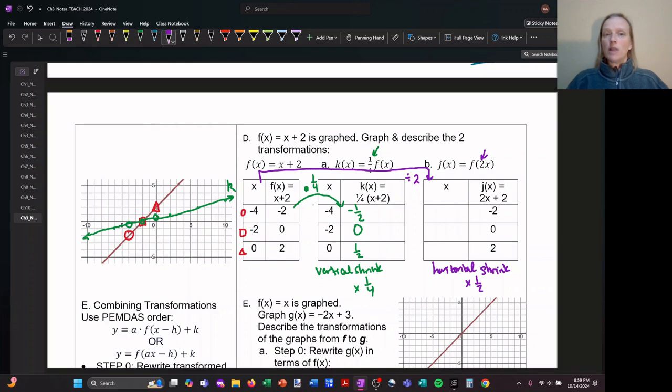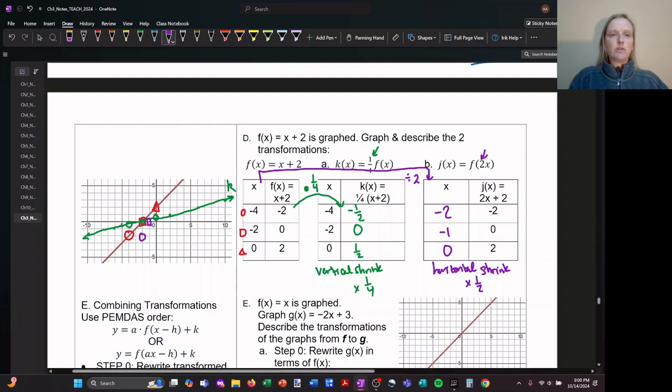So let's see, -4 divided by 2 is -2. -2 divided by 2 is -1. And then 0 divided by 2 is 0. So our new points will be at (-2, -2), which is my circle point. (-2, -2) is right here. (-1, 0) is my square point.